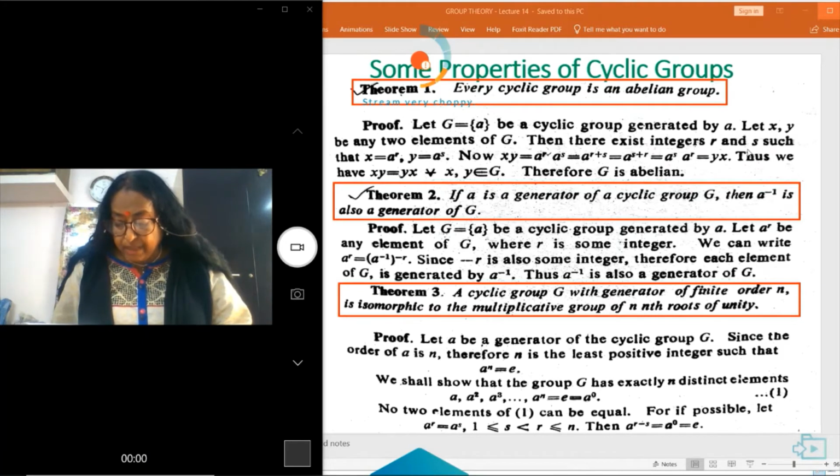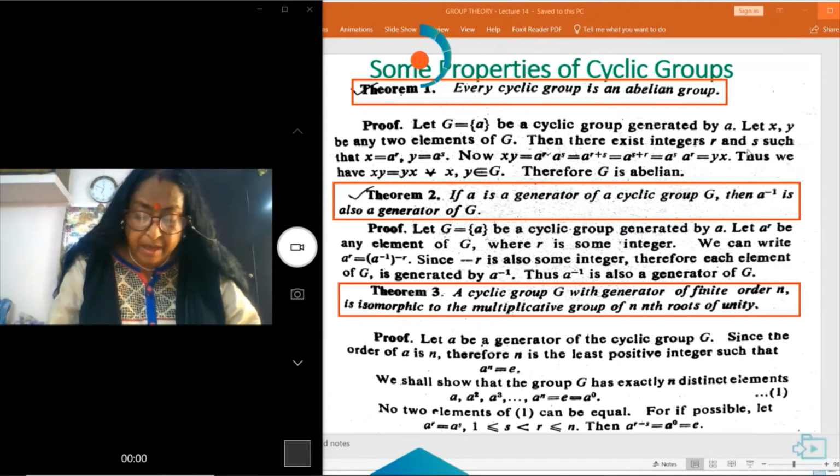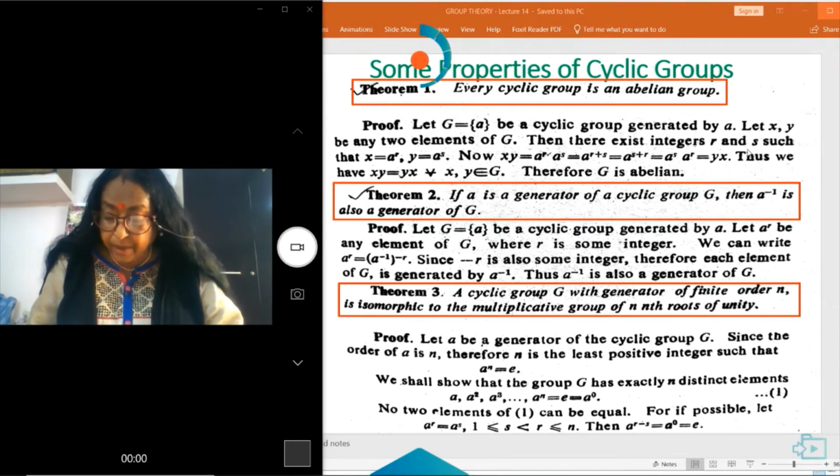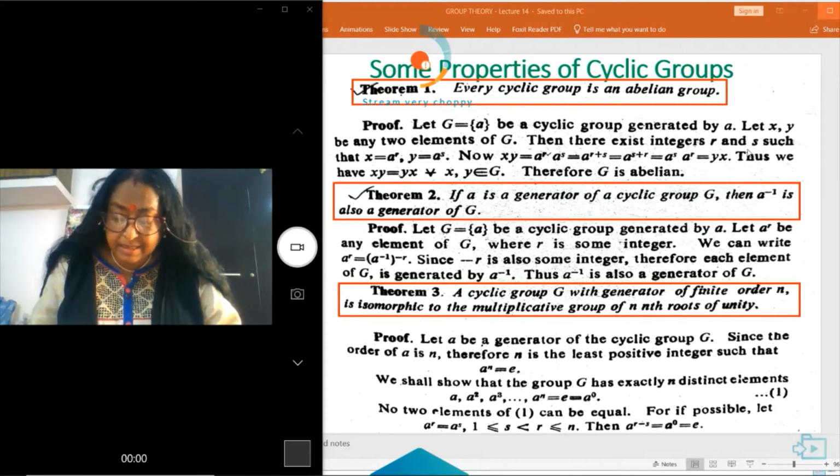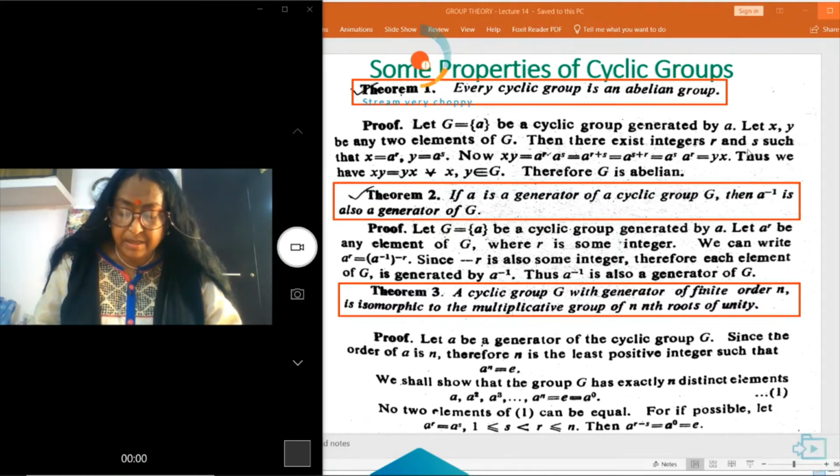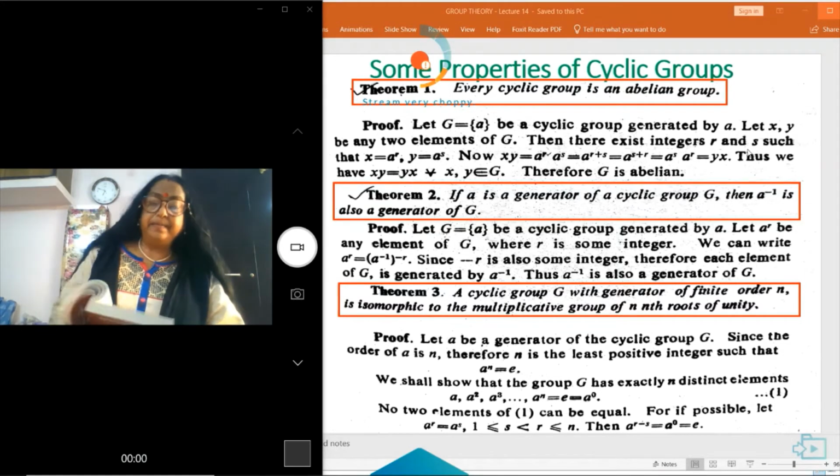We shall show that this group has exactly n distinct elements: a, a square, a cube, up to a to the power n, which is equal to e, equal to a to the power 0. Now, if possible, two of these elements can be equal. Let a to the power r be equal to a to the power s, where r and s both belong to 1 to n, but s is less than r. Then a to the power r minus s is equal to a to the power 0, equal to e.